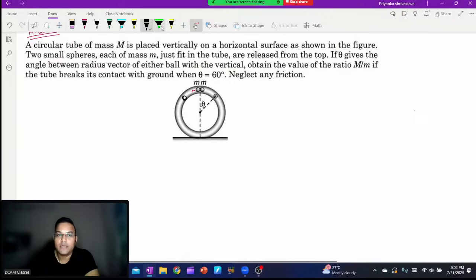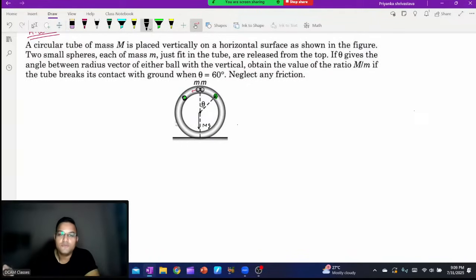Can you think of a situation by which forces it can lift off the ground? Let me make it simpler. If we take the whole tube, the mass of the tube is capital M, so its weight Mg acts downwards.